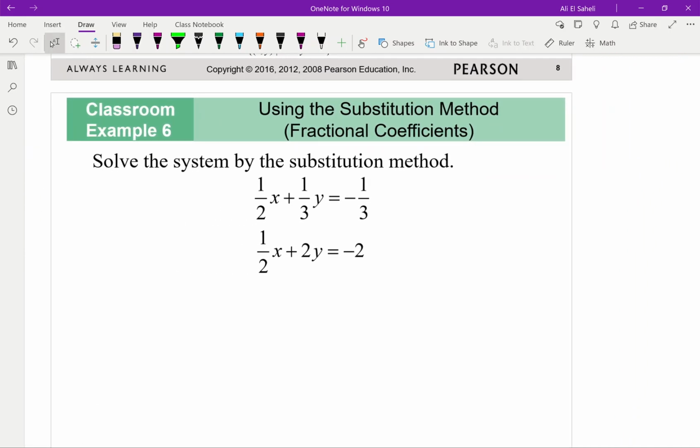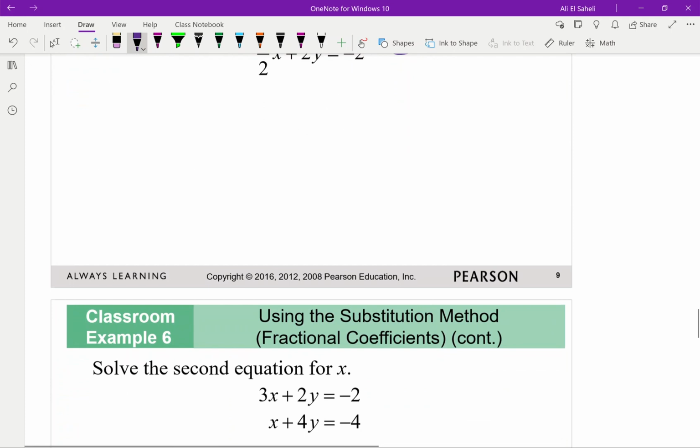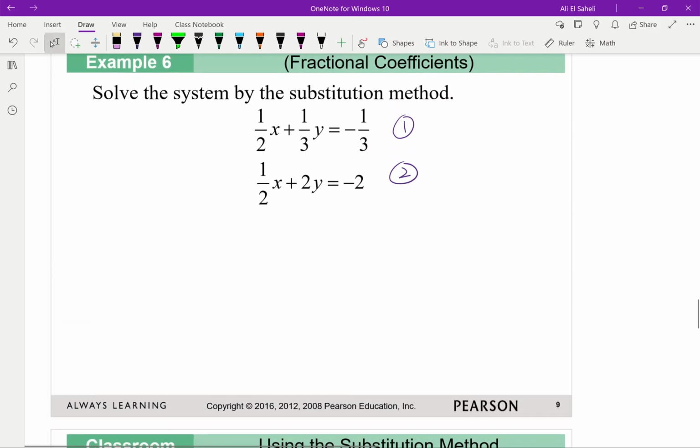Systems with fractional coefficients. Equation 1, equation 2. Now, if you multiply equation 1 by the common denominator, 2 and 3, the least common denominator is 6.